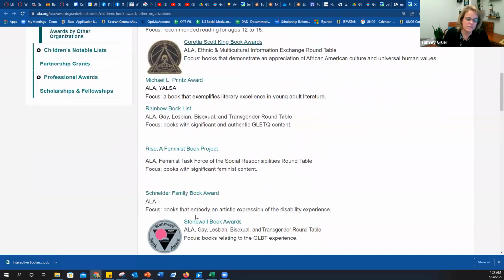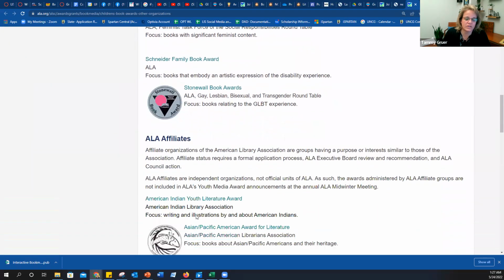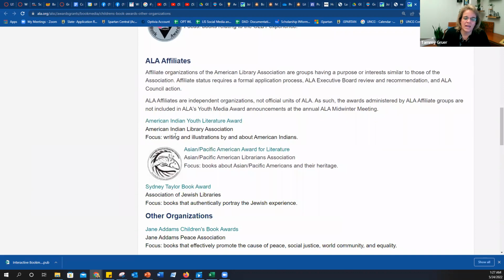There are others about Native Americans, the American Indian Youth Literature Award, and the Asian Pacific Award. Think about the students, the children, and the patrons that you're serving, those communities, and what books you have to support them so they can see themselves in the books that they're reading.